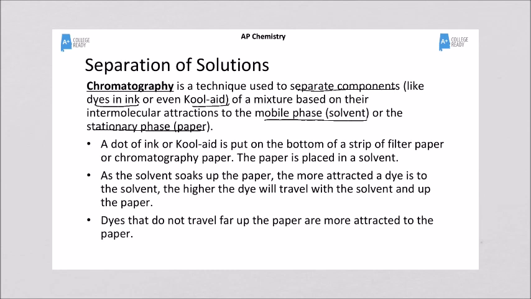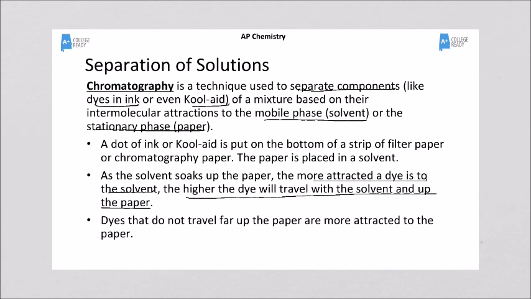The higher the dye travels with the solvent up the paper tells us that dye is more attracted to the solvent. So think about that. The dye that travels the greatest distance is most attracted to the solvent that's soaking through that paper or going through that column. And this is based on IMFs.